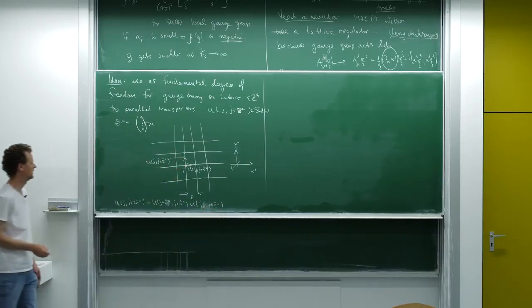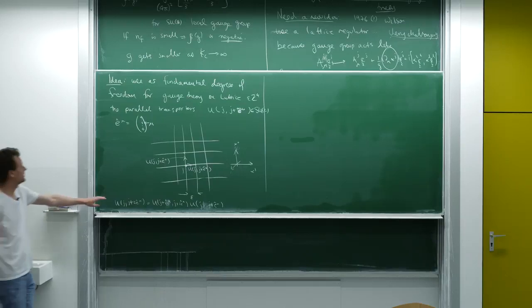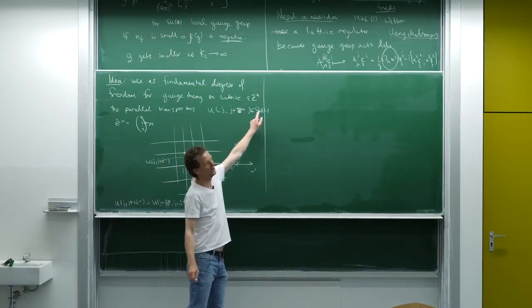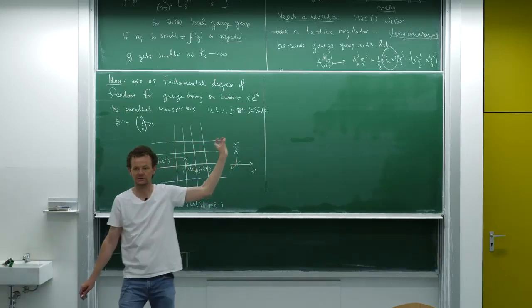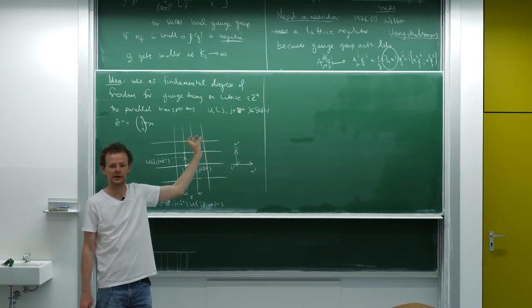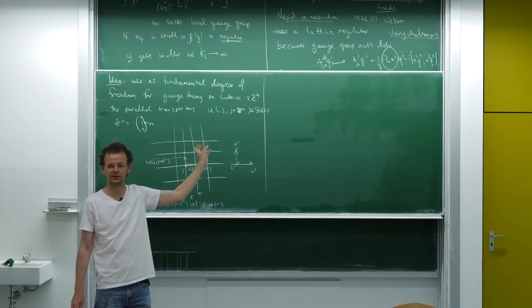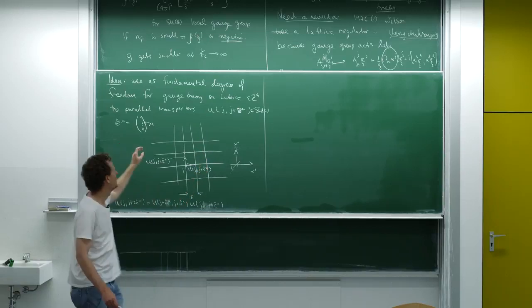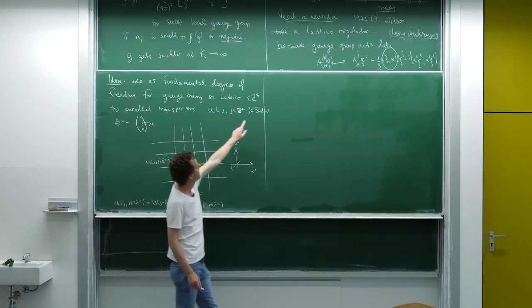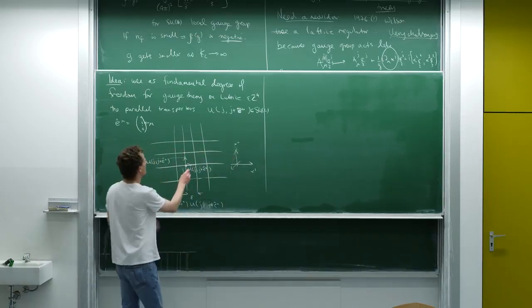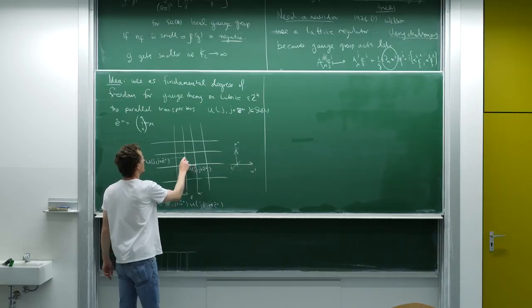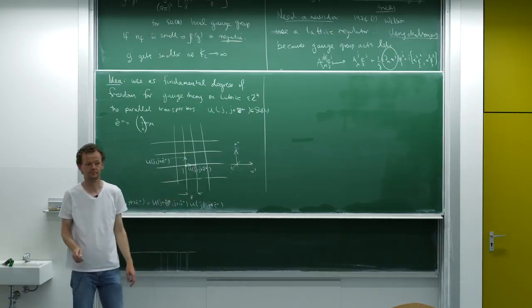I said epsilon, but I meant e. So these are elements of this group here. They're like matrices, right? 2 by 2 matrices for SU2 gauge theory. And so Wilson's proposal is that in lattice gauge theory, the fundamental degrees of freedom are a list of 2 by 2 matrices, one per link, one per edge of this lattice here.